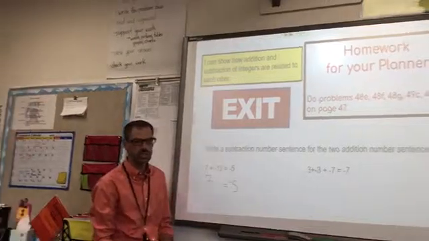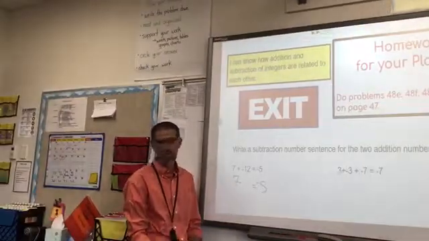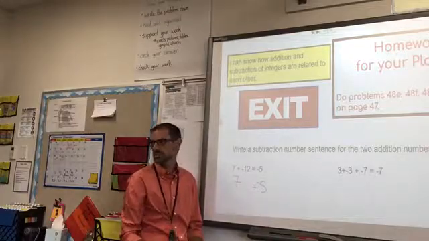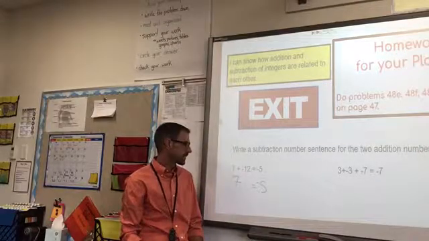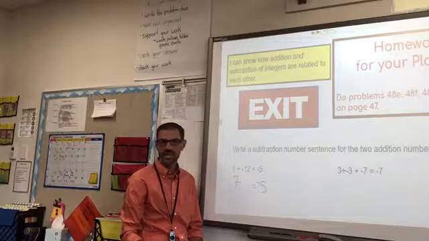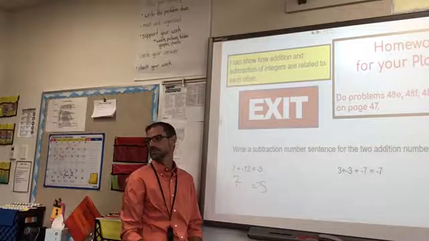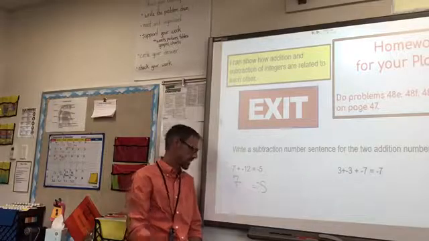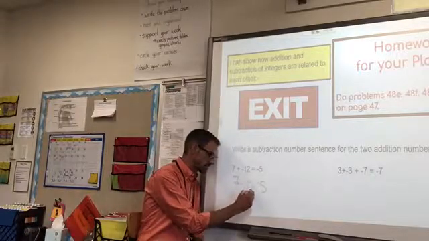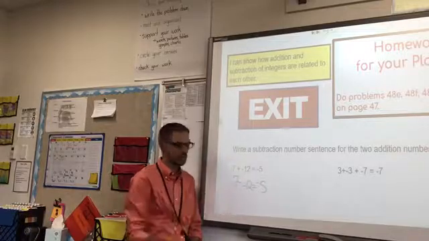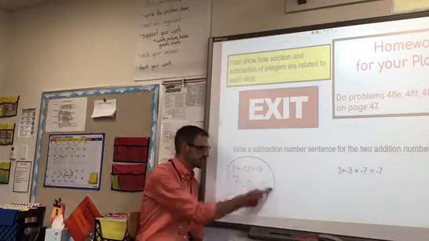My answer is not going to change. It's going to be negative 5. But I'm going to change this addition number sentence to a subtraction number sentence. So it's going to be 7 minus what? Positive. Minus positive 12. Because subtracting a positive is just like adding a negative. These are the same. You get the same answer.